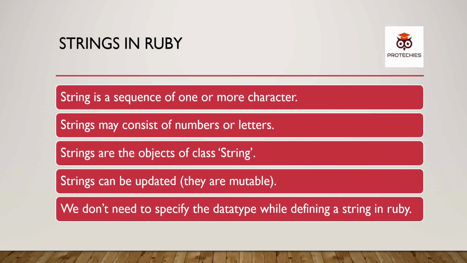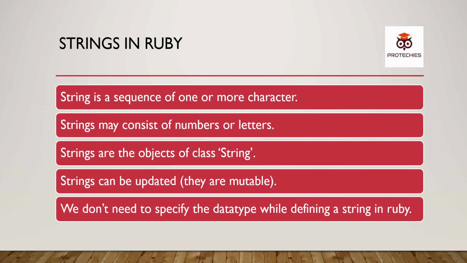Ruby is not really a strict language like C++ or Java or C. In Ruby you don't need to define the data type for any kind of variable, or write that this is an integer or this is a string.